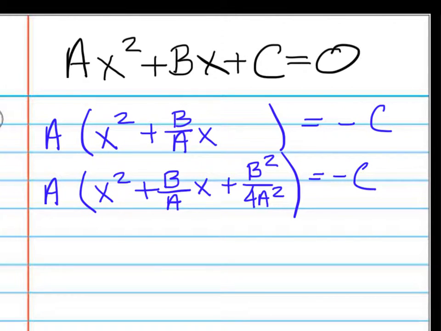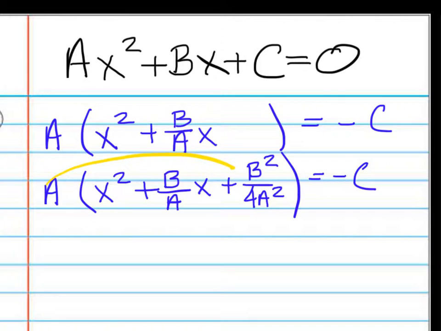But that's not what I have added. I have done this. A times b squared over 4a squared. So when I do that, I end up with an a b squared over 4a squared.